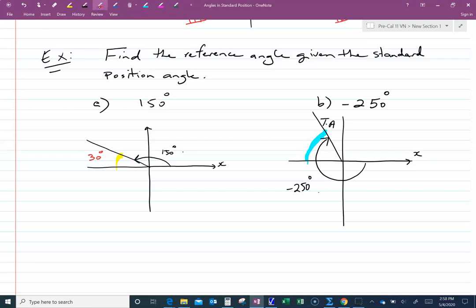Well, the entire thing is 250, but the bottom piece is 180 degrees, right there. So what do we have to add to get 250? In this case, it will be 70 degrees. One more thing, it's an acute angle. The reference angle is always positive, it's never negative. Direction doesn't matter with the reference angle, and that's basically it.